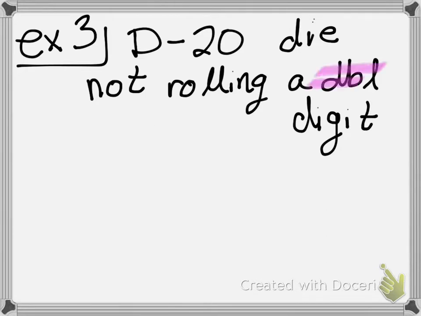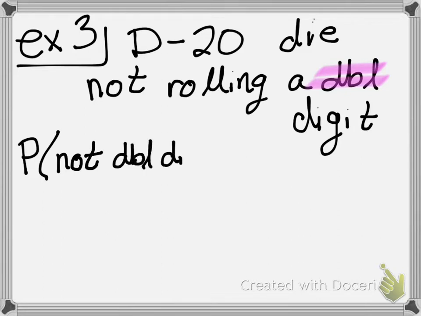That's what this stands for. DBL, double. So the probability of not having a double digit.